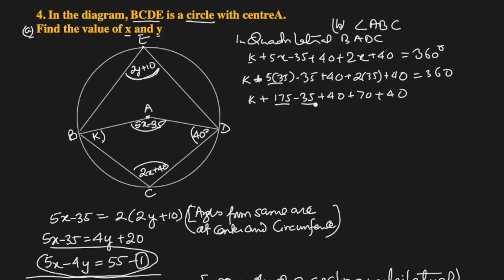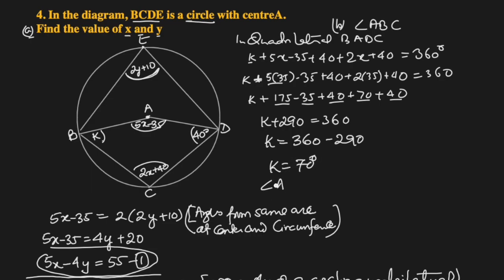This will be 140, 180, 250, 290. K plus 290 equal to 360. K equal to 360 minus 290. K is 70 degrees. So the angle ABC, which was K, is equal to 70 degrees. That's the solution of this one.